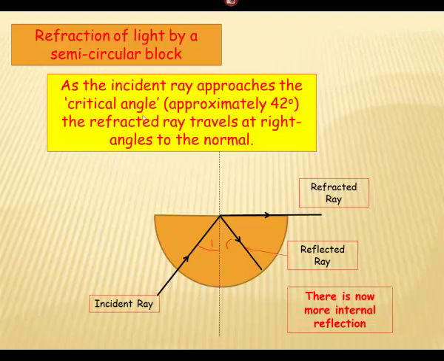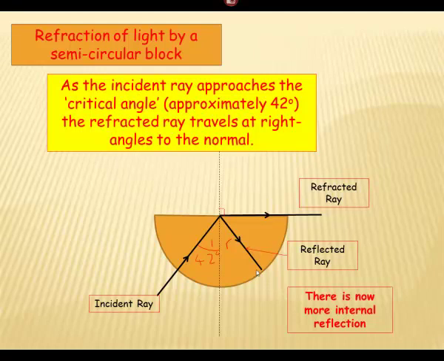So as the angle of incidence approaches what we call the critical angle, about 42 degrees, the refracted ray travels at right angles to the normal. There's our refracted ray, and the reflected ray. There is now more internal reflection.